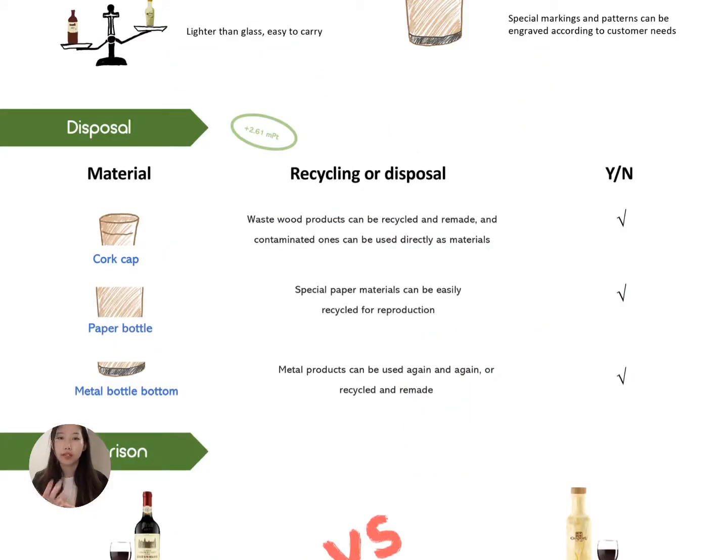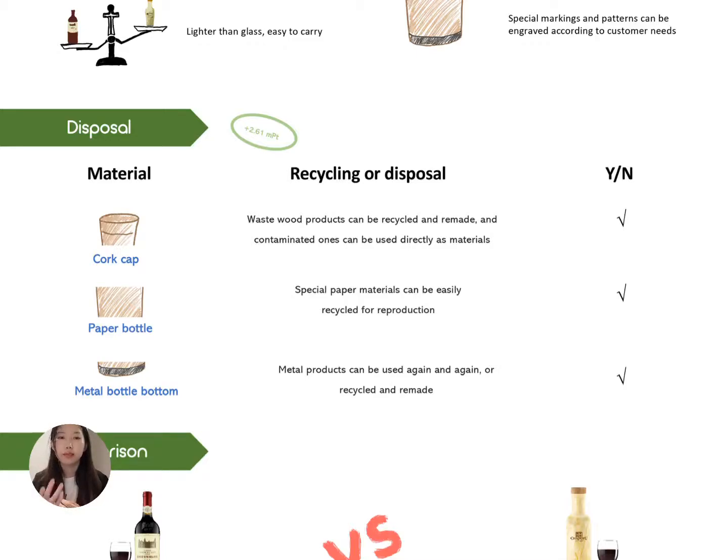As for the redesigned wine packaging disposal, the first part, the cork cap, has already been mentioned. Then the paper body is made of bamboo, which can be recycled many times and can be made into other products without complicated engineering and has very low cost.